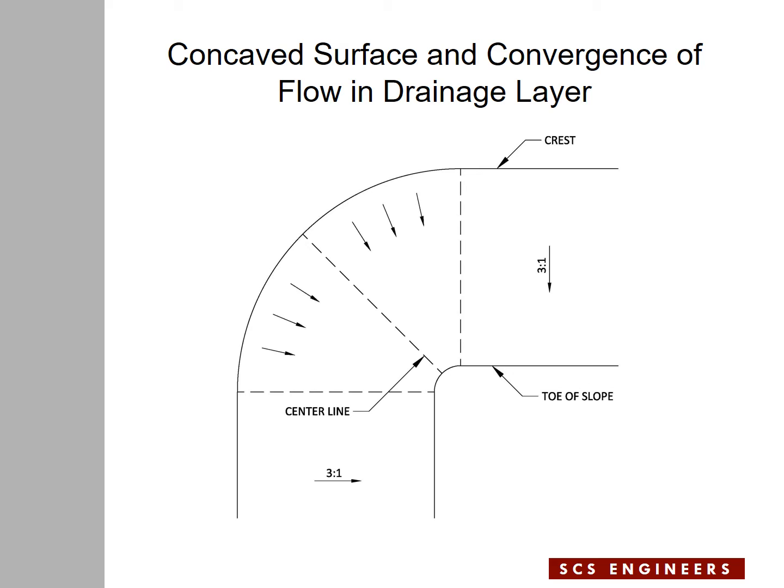The one to the right, I'm going to be referring to as the south slope of a leg of a landfill, and the other slope pointing to the south, to the bottom of the slide, is the east slope of another leg of the landfill, and the area in between is the concave surface around the corner of the landfill.